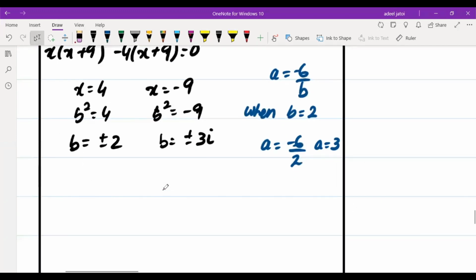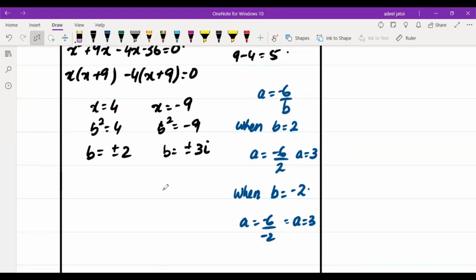And similarly, when b is equal to negative 2, it should be negative 6 upon negative 2, so a becomes 3. So when we use the value, the Cartesian form is real value of z plus imaginary value of z, which is a plus b iota.